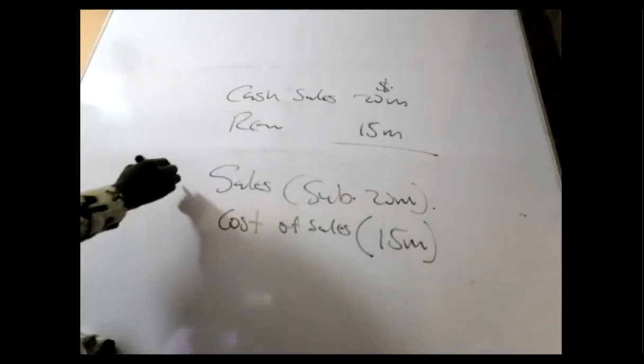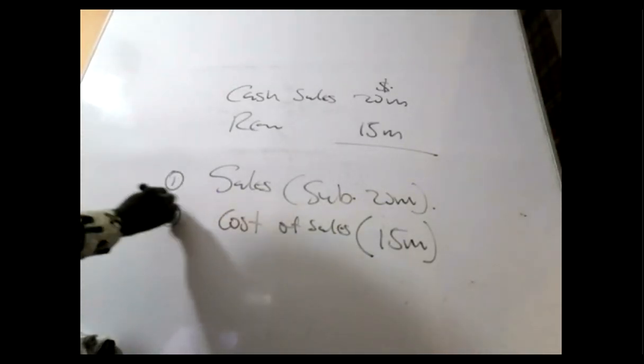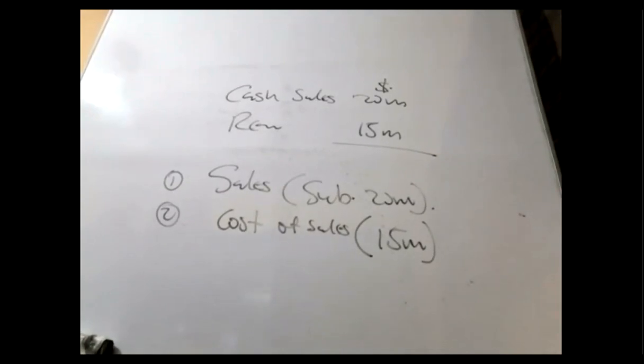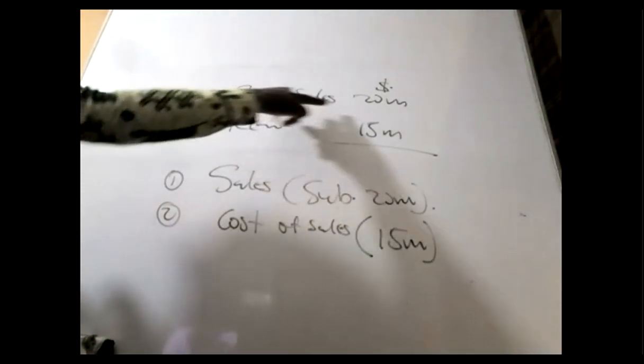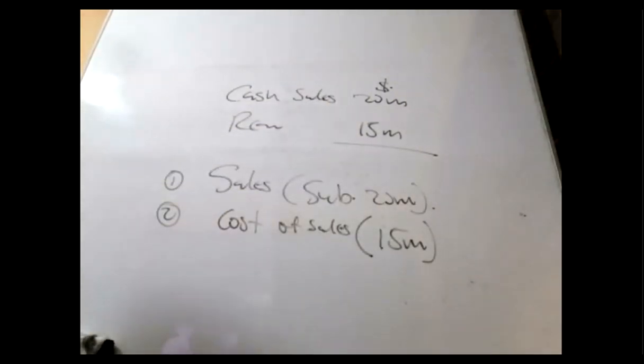That's the first thing that I'll do to reverse what has been transferred. And don't forget that if you just subtract 20 million from the sales, you'll have a cash component of 5 million. How are you going to treat that? A cash component of 5 million.